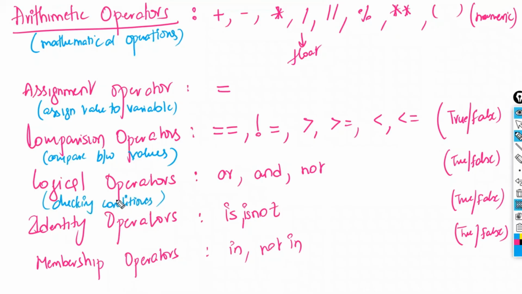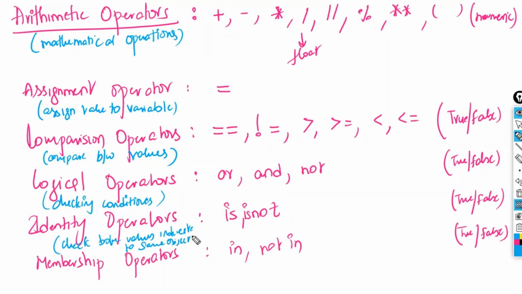Checking conditions based on requirements. If it is or, then based on or. If it is and, then based on and. Checking the condition comes under logical operators. Identity operators means it checks whether both of them have the same object, whether both values indicate the same object or not.